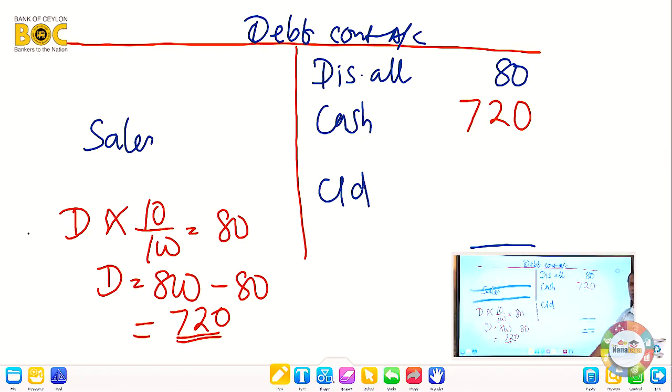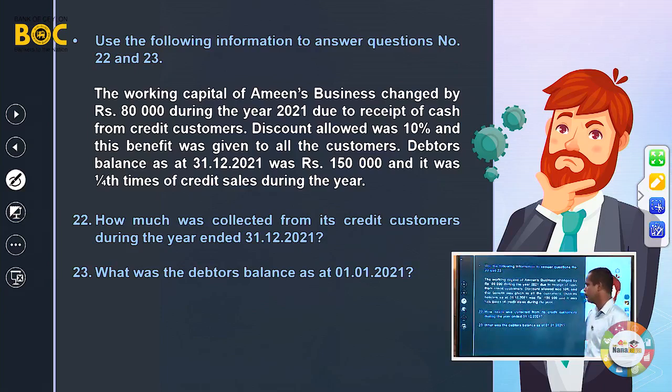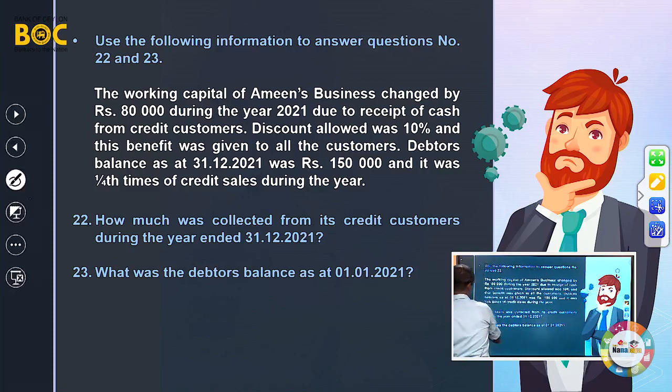So you have received cash of 720,000. That's the answer for question number 22: 720,000 rupees.